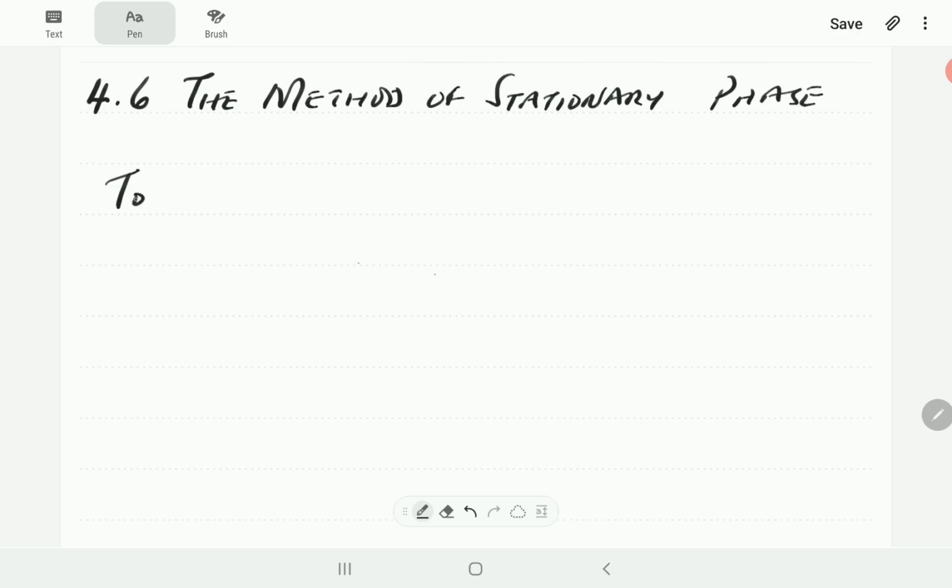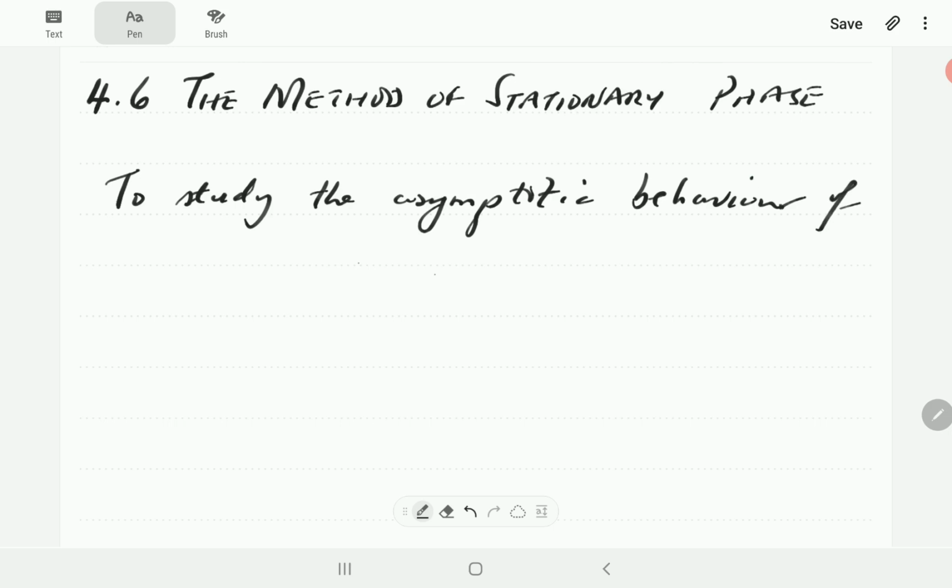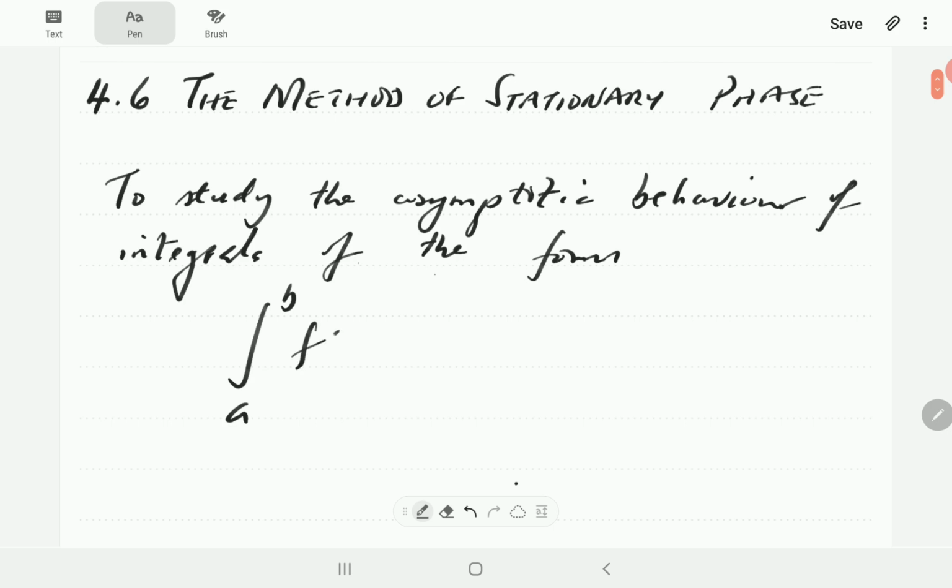So this method is to study the asymptotic behavior of integrals of the following form: the integral from a to b of f of t e to the i lambda phi of t dt.